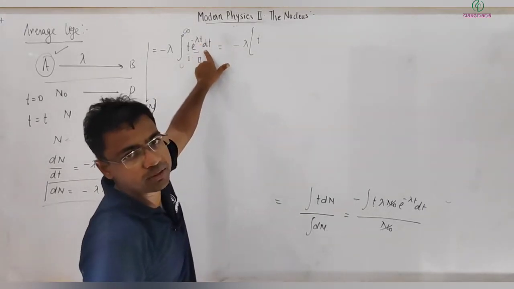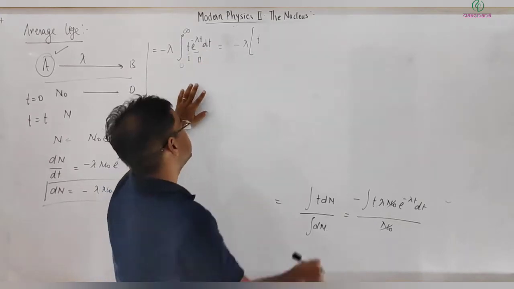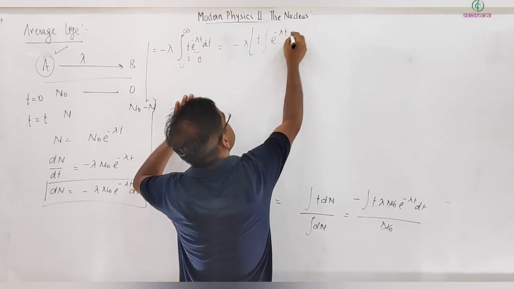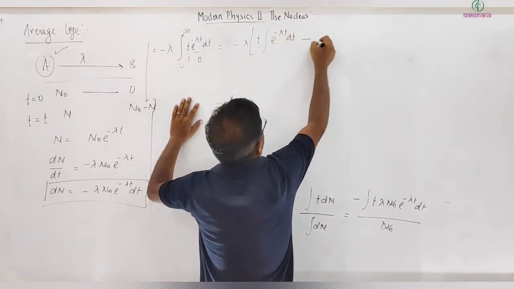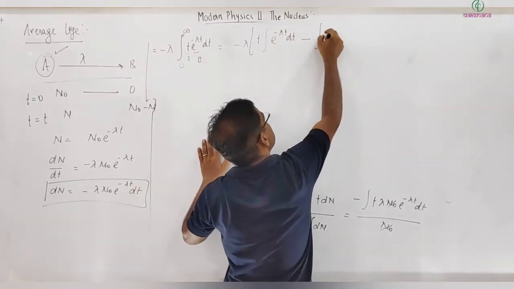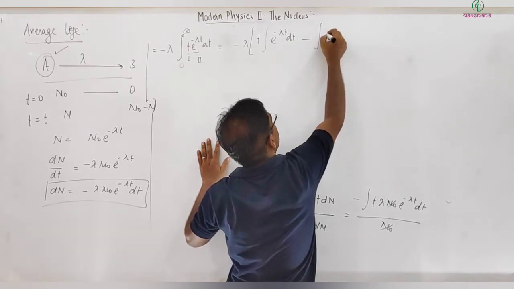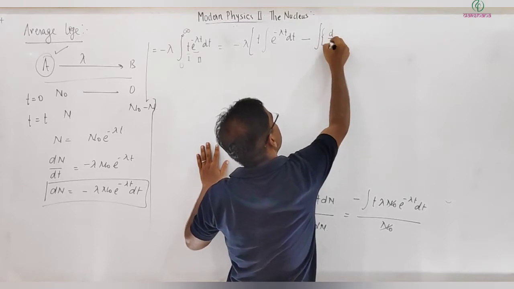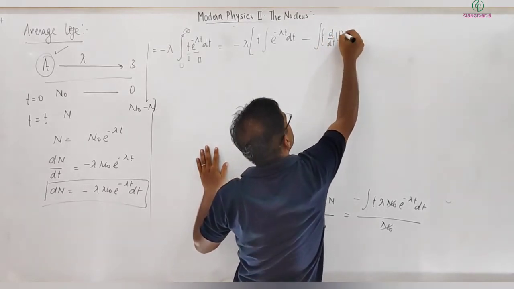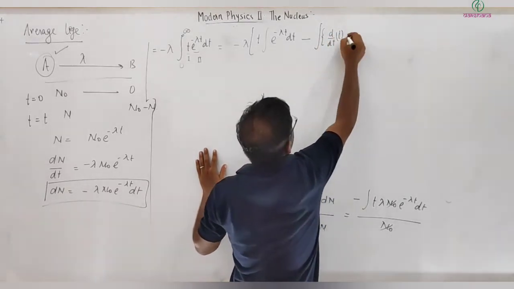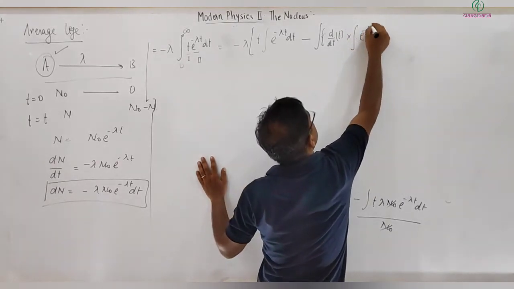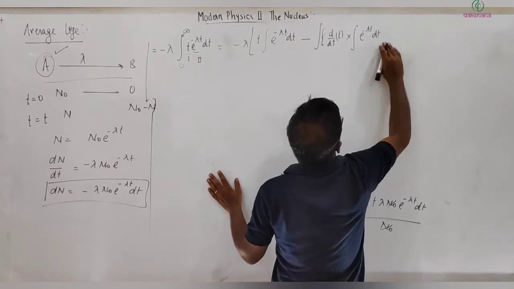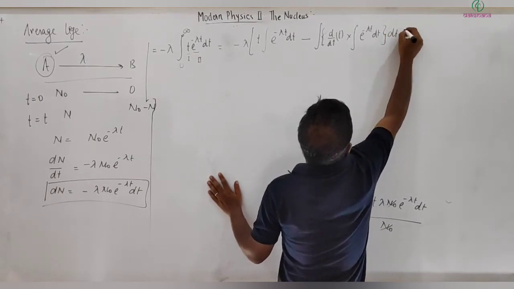I hope you can understand if I am going straight forward here directly. Otherwise I can go even step by step also. dt minus integration of the differentiation of first function, d by dt of first function t, multiplied by integration of second function dt, this complete integration of that.